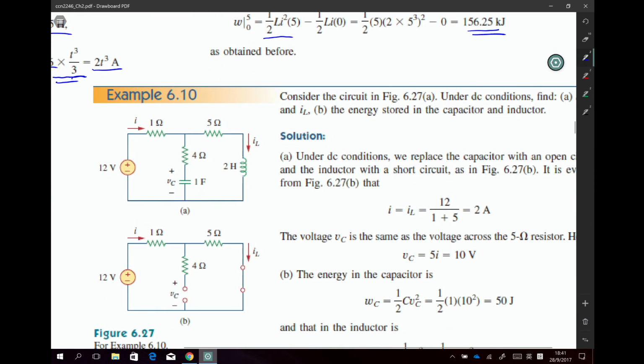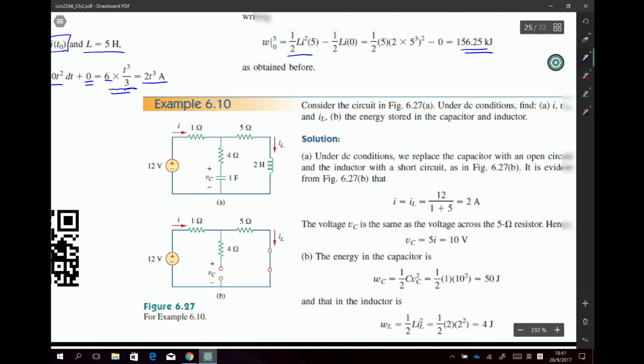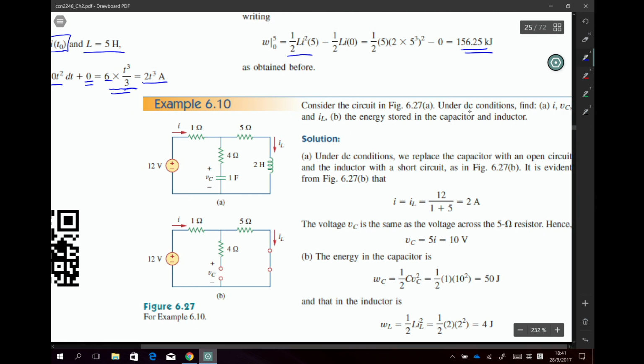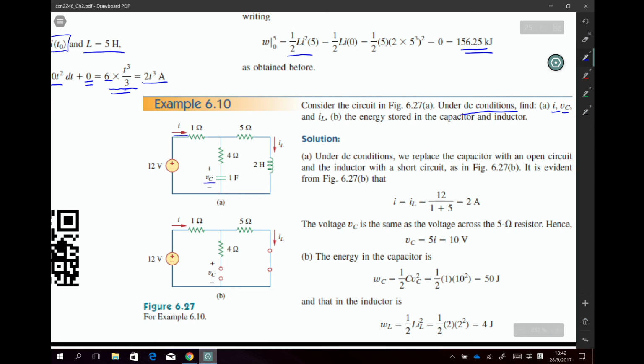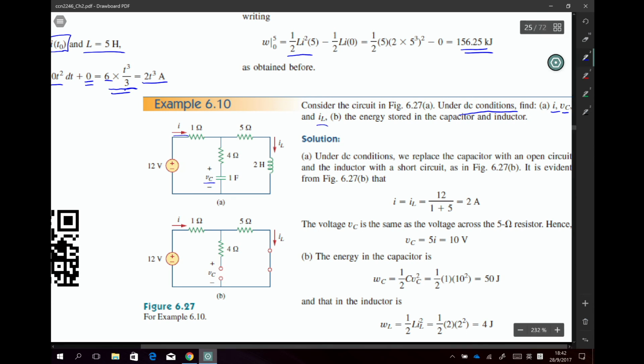In this example, the circuit is under the DC condition. We are going to find i, the current flowing out of the 12 volt voltage source, v, the potential difference across the capacitor, and iL, the current passing through the inductor.